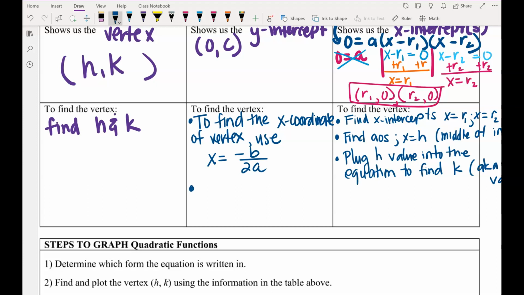Well, then how do we get the y coordinate of the vertex? Yeah, plug it in to get the y coordinate of the vertex.